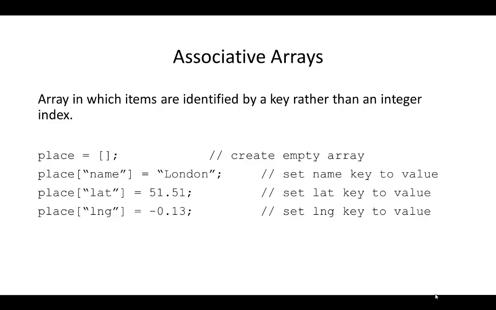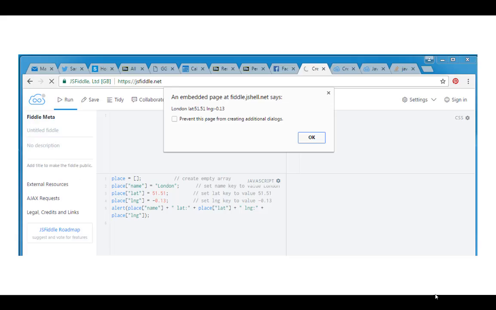Then when I ask for place name, that would return me London. And if I want to add a latitude, I can add a latitude. And if I want a longitude, I can add a longitude. So these are the named values. Instead of an index, it's a named key to the array.